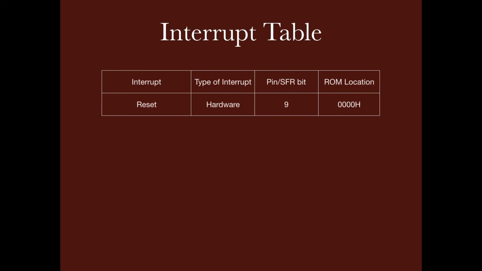Now when reset comes, the microcontroller goes to 0000H location. It is available on pin number 9. Then we have INT0. It is also a hardware interrupt with vector location 0003H, and it comes on pin number 12, which is actually P3.2.